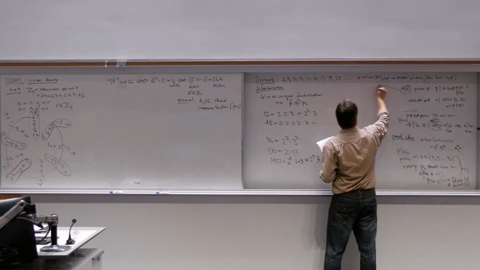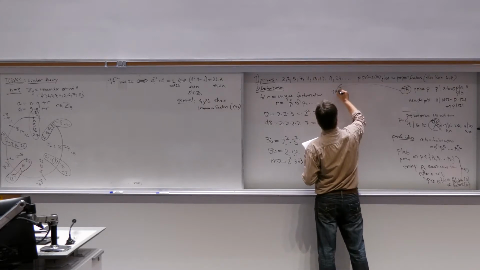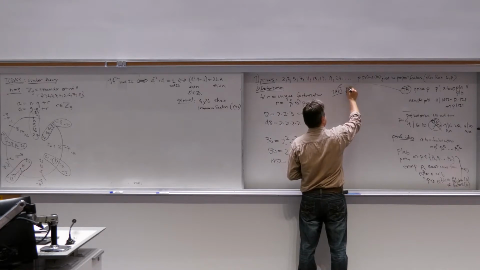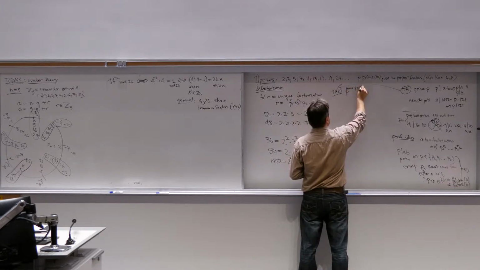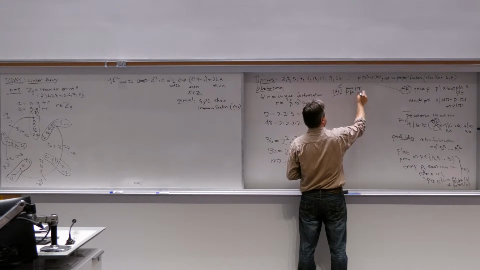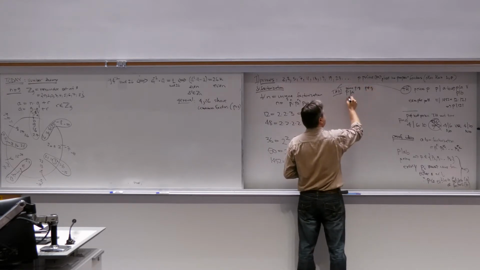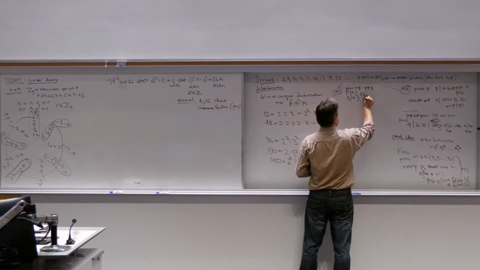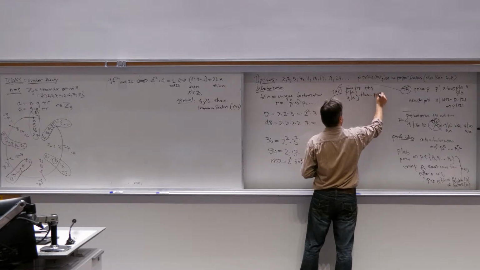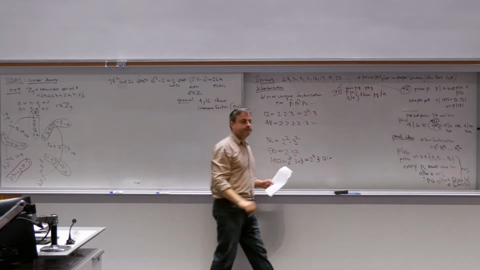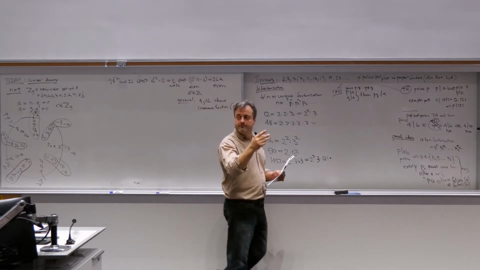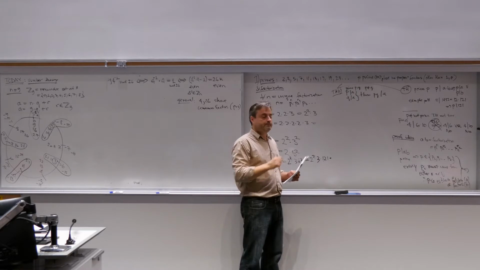So it's the same theorem, kind of version B, that says if I have two primes, P and Q, and they are different, and they divide the same value, then their product divides that value. So if two primes divide a number, their product also divides that number.